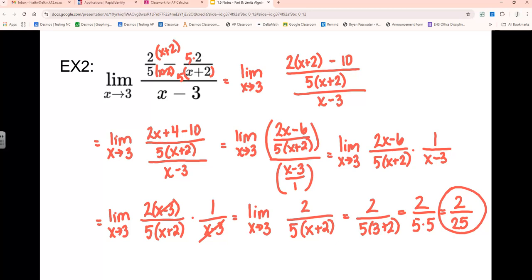That gives me 2 times x minus 3 over 5x plus 2 times 1 over x minus 3. Now my x minus 3's can cancel right there, leaving me with this. Plug in your 3. 2 over 5 times 5 is 2 over 25.